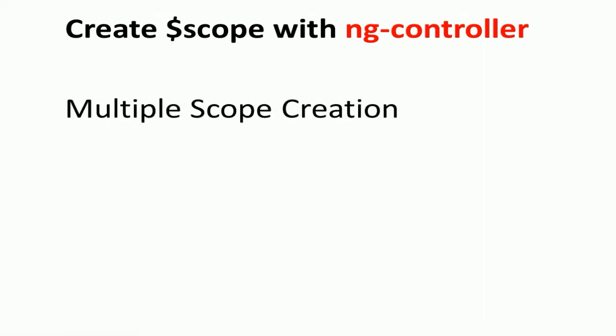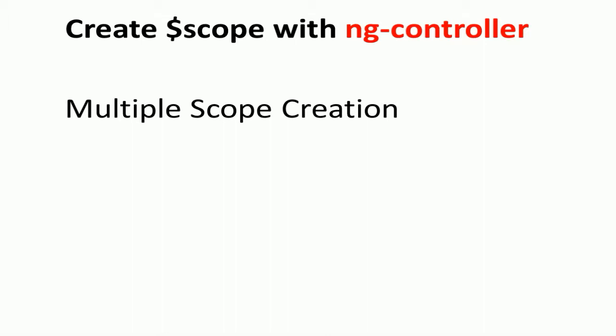With ng-controller, we experienced how to create multiple scope objects in a single Angular application. You may have already noticed how the scope objects we created were created in the context of the HTML view elements, and that they follow a hierarchical arrangement that resembles these HTML elements.